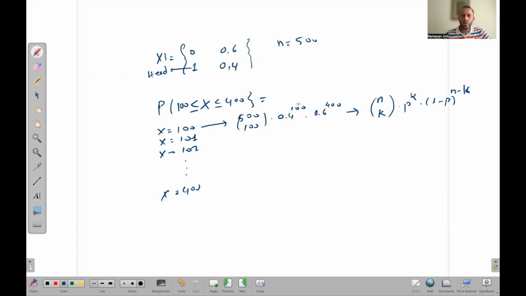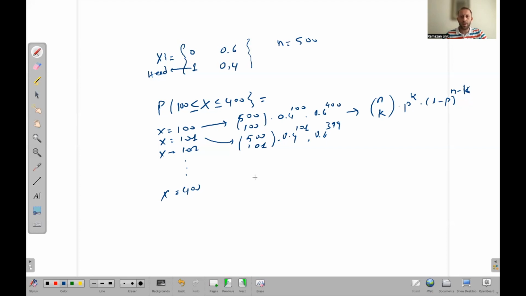So this is the probability that x is equal to 100, and I have to do the same thing for 101. Okay, so I have to repeat this calculation for all of them, and then sum all these things.